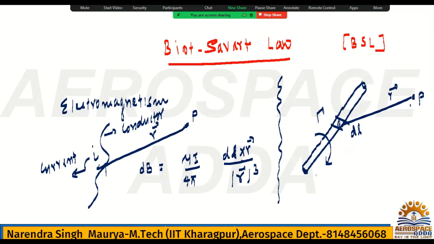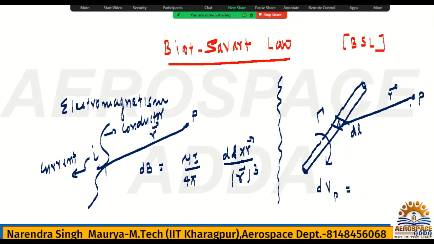But if you ask what will be the magnitude of the velocity, I can say dv at point P is equal to, just analogous of this you can write. What is the mu here? This mu is basically the permeability. It depends on the medium, what type of medium. If you remember electromagnetism, it will be very easy for you.